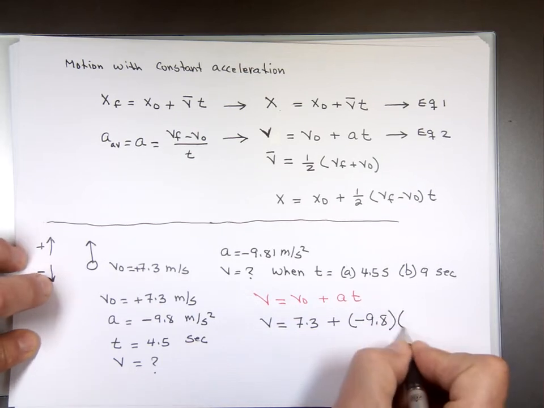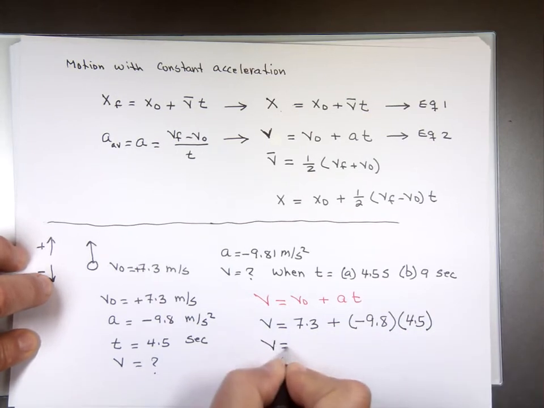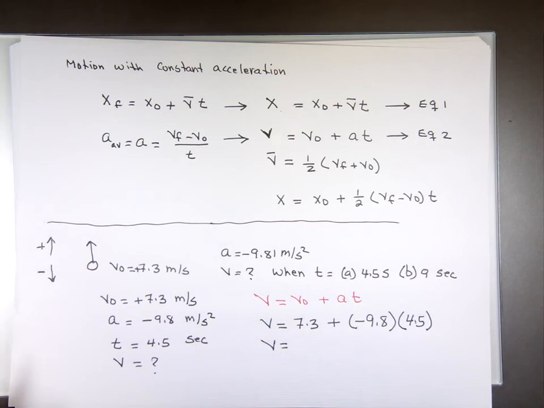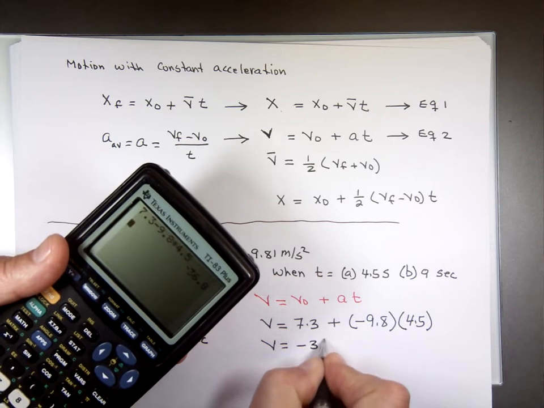Do we know what the time is? 4.5. So what's my final velocity? (7.3) minus 9.8 times 4.5. I get negative 36.8.